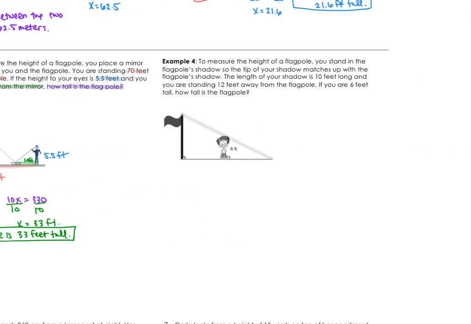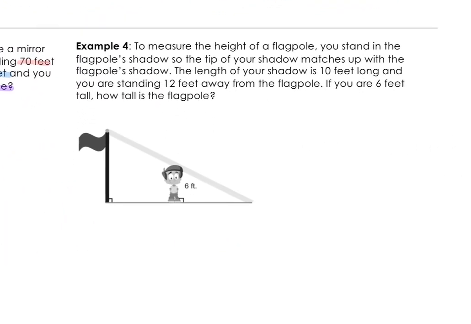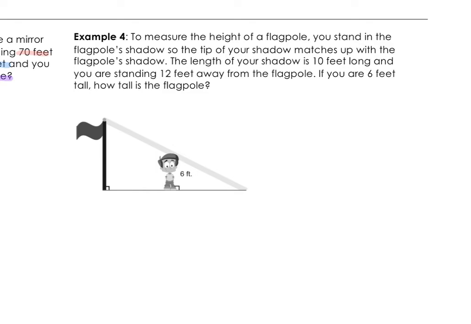All right, let's take a look at one more example. So this one's using the shadow method. It says to measure the height of a flagpole, you stand in the flagpole's shadow so the tip of your shadow matches up with the flagpole's shadow. So basically here's a flagpole shadow across the bottom, and then you're standing in the flagpole's shadow so the tip of your shadow matches up. So your shadows basically overlap. The length of your shadow is 10 feet long.